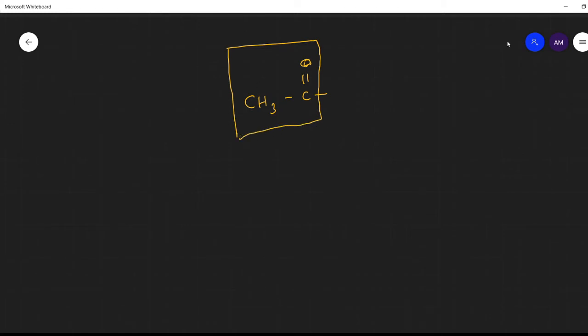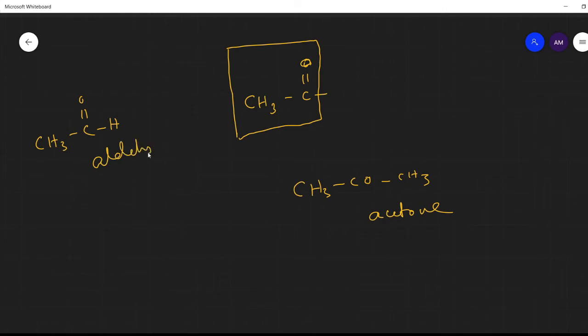Okay, if this particular group is present in any compound, say CH3COCH3, which is acetone we discussed, or say CH3CHO, which is an aldehyde, or basically here ethanol, or CH3 C double bond OH, anything.